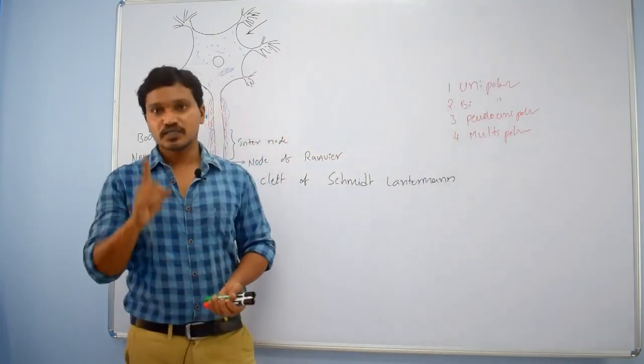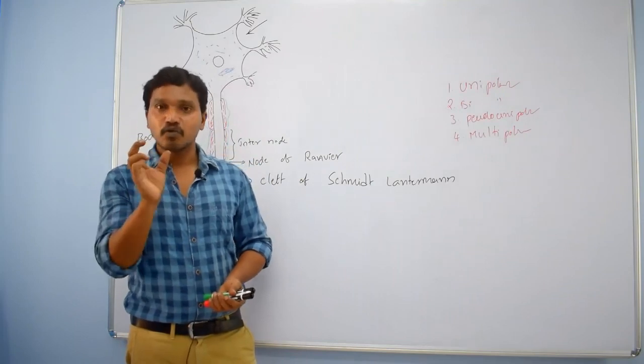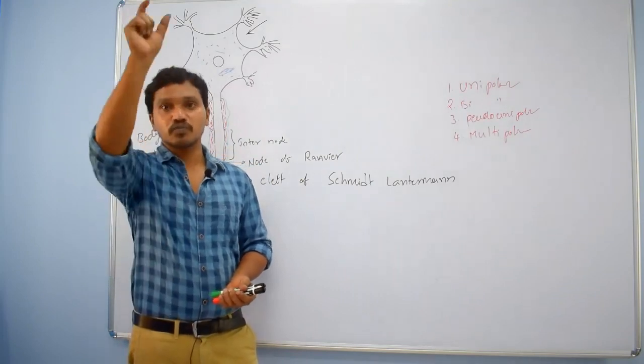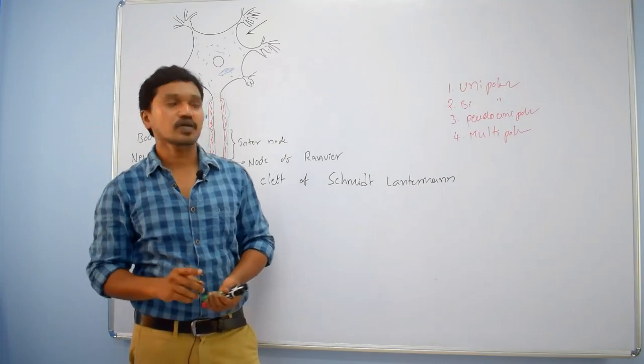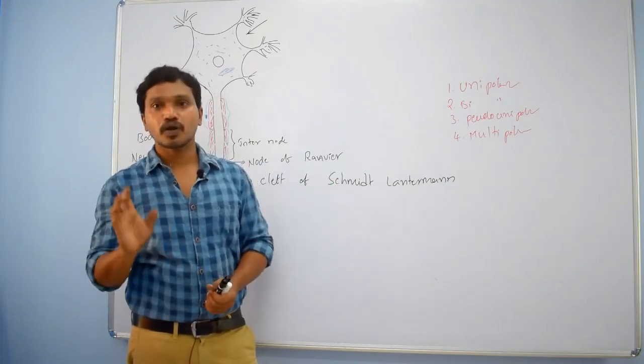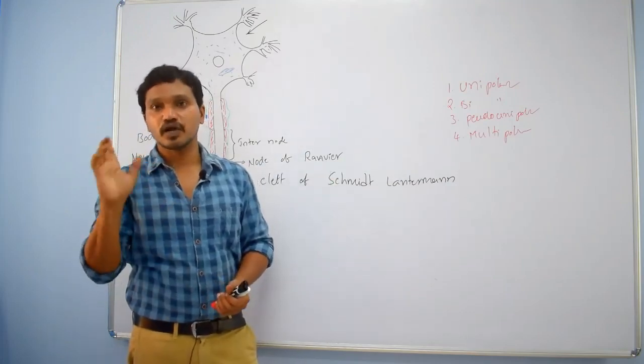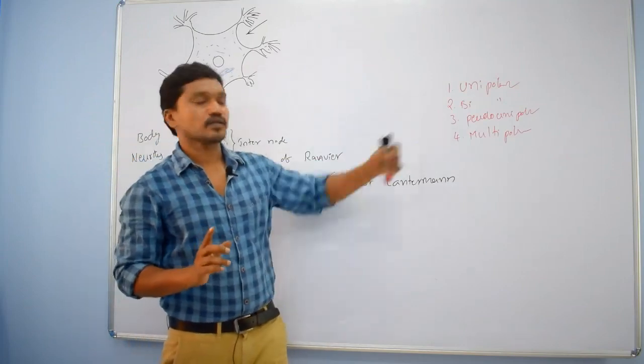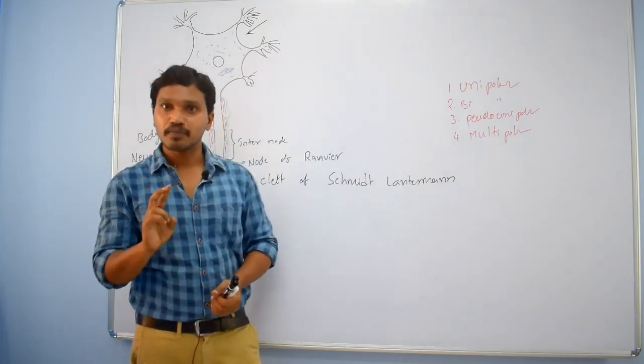Right? Uni means single. If the cell body gives only one process, that type of neurons we call unipolar neurons or unipolar cells. Then second one, bipolar.